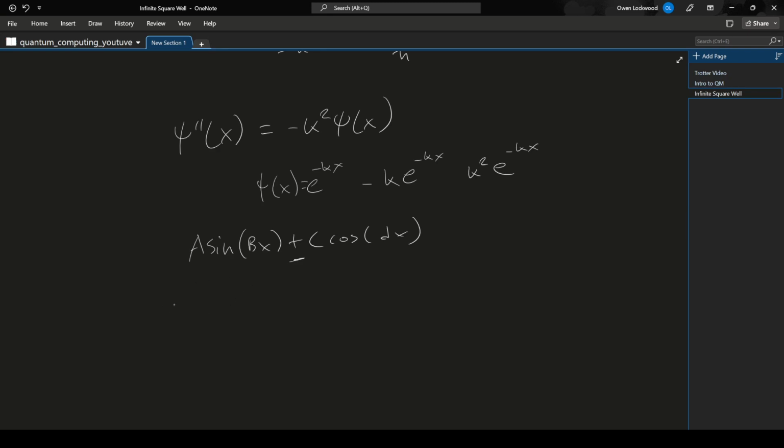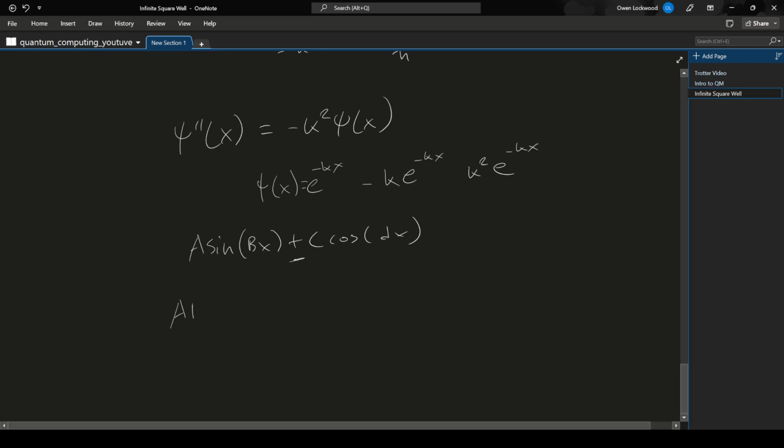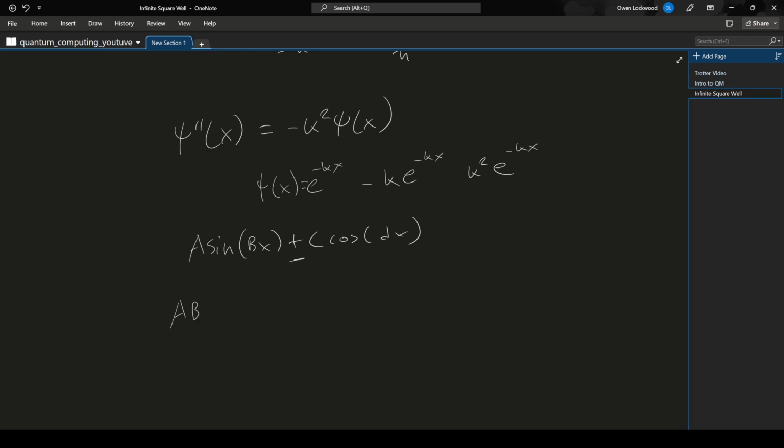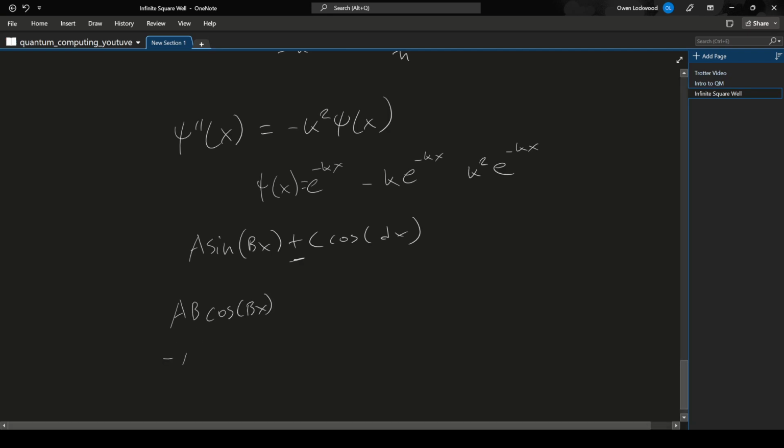The first derivative would be ab cosine of bx, and the second derivative would be negative ab squared sine of bx. Then for the cosine term, the first derivative is negative cd sine of dx, and the second is negative cd squared cosine of dx. So that would be the equation.